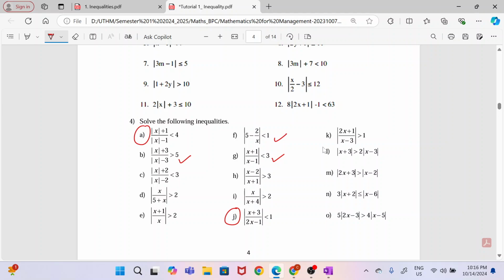So you can do B and C now. I taught you J already. You can do F and G. You can try that. Now I'm going to teach you how to do greater than. Okay, I'm going to teach you one greater than.